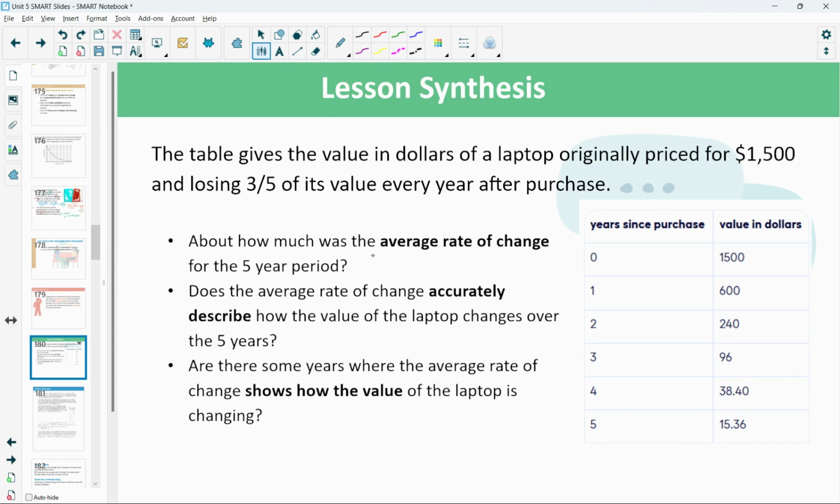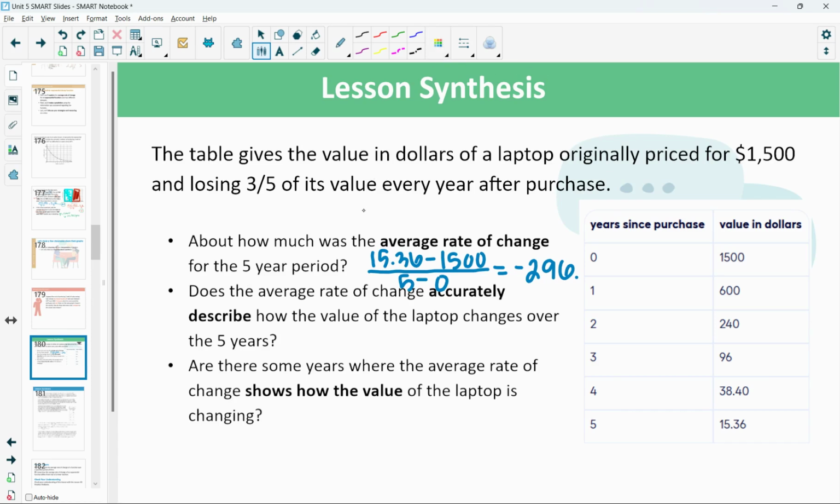So we would take the final value of $1,536, subtract off the original value in the period we're looking at $1,500, and then we could subtract the years to get the time period. And so when we do this, we get like negative 296 point something dollars. So that's giving us a decrease of about $300 per year.